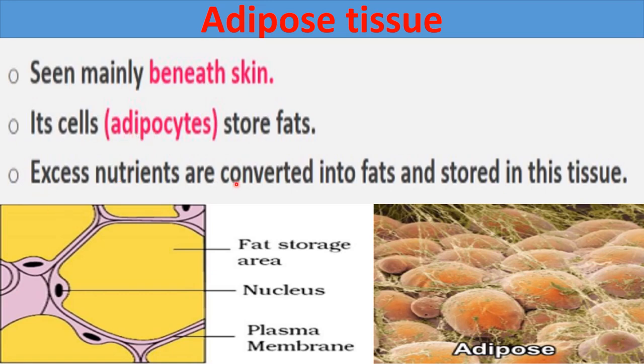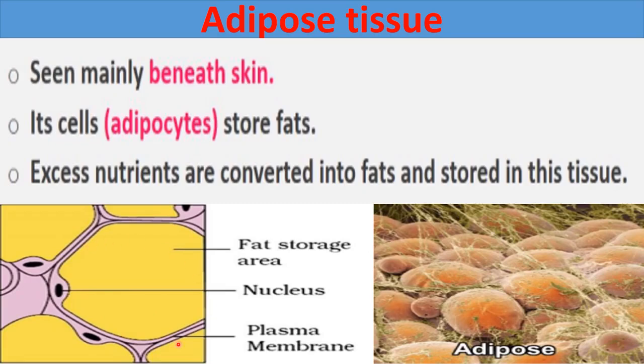Excess nutrients are converted into fats. As you know, in a complex organism, excess nutrients which are present are converted into fats, and that fat is then stored in this tissue, meaning in adipose tissue. So here you can see this is the fat storage area.